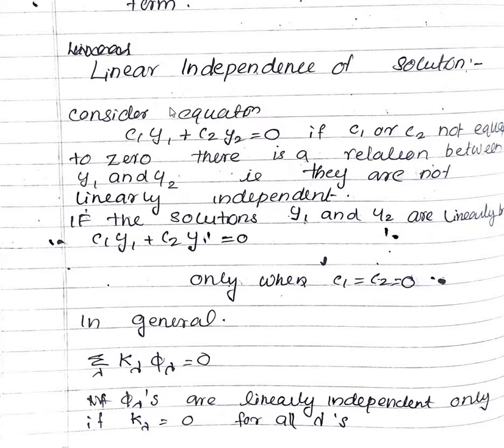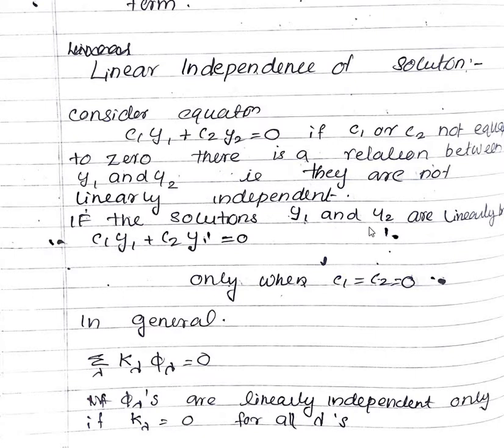If c1 or c2 is not equal to 0, there will be a relation between y1 and y2, which means that y1 and y2 are dependent. y1 and y2 are independent only if c1 is equal to 0 and c2 is also equal to 0.